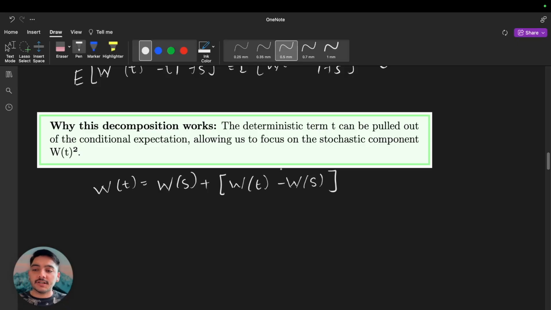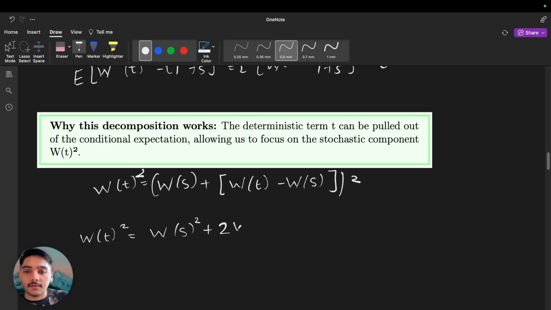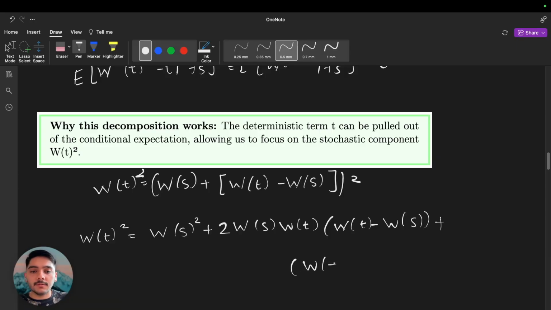And now we'll be squaring both sides. So Wt² is equal to Ws² plus 2Ws(Wt − Ws) plus the square term (Wt − Ws)².